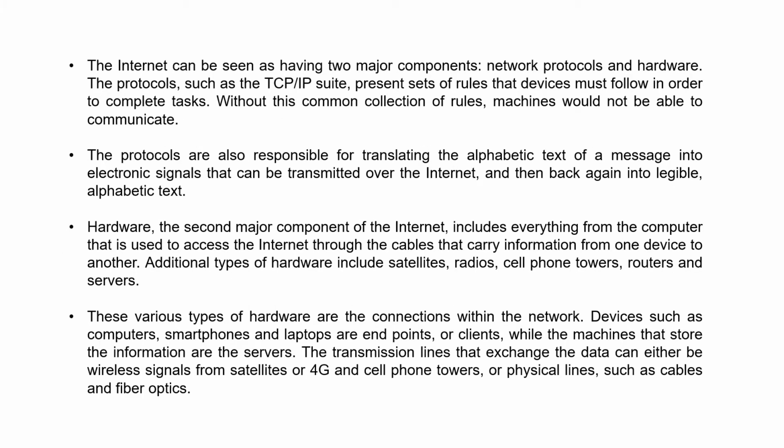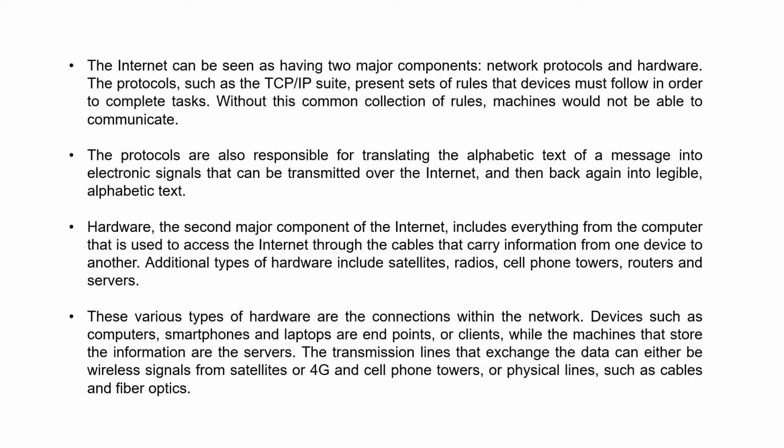Internet has two major sides, that is network protocols and the hardware. Protocols such as TCP/IP is the important protocol which presents, as already said, a set of rules that devices must follow in order to communicate. Without this common set of rules, machines will not be able to communicate.